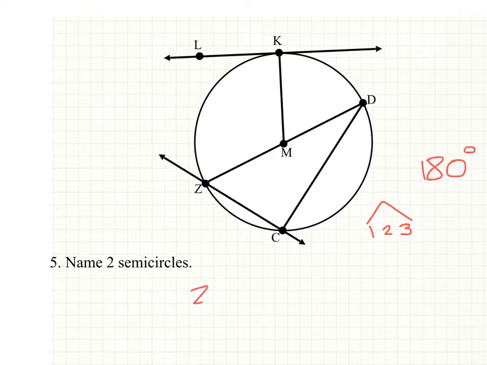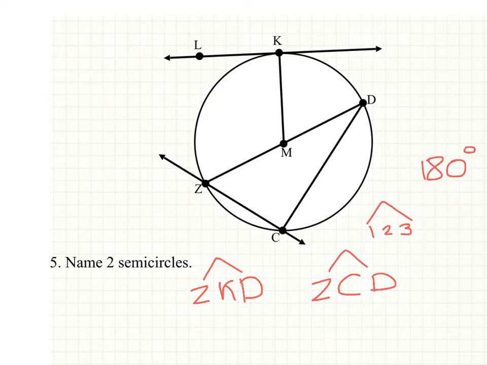I can see ZKD, that's a semicircle, and I can see ZCD as my second semicircle. Now if you name it DCZ, that's okay. If you name this DKZ, that's okay. But the endpoints, D and Z, should be your semicircle. So whether you go this way or you go this way, it's the same thing.